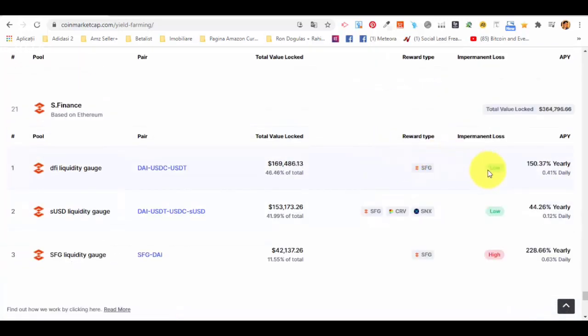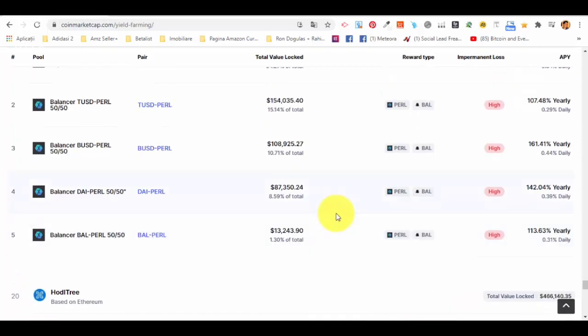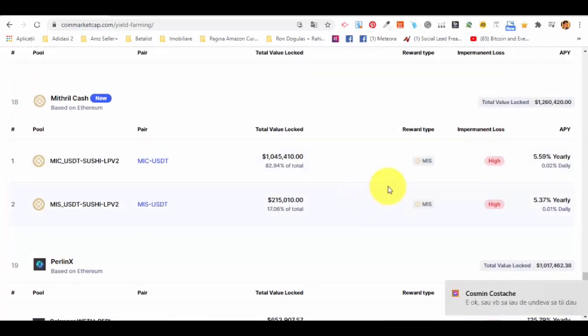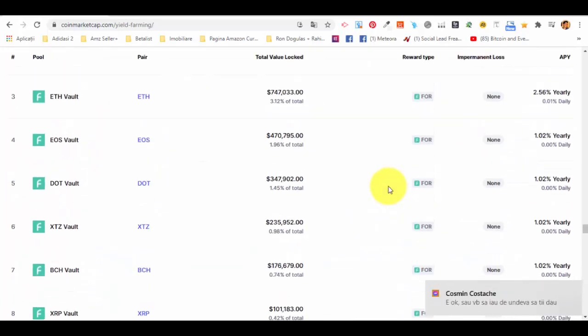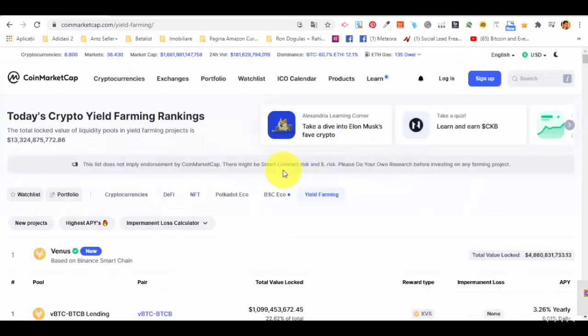And again, for S Finance we can see that the total value locked is pretty small, so we wouldn't go for something like that, but again, these are your decisions. We are just showing you information. So this is what yield farming mostly is. Take a look at these platforms.